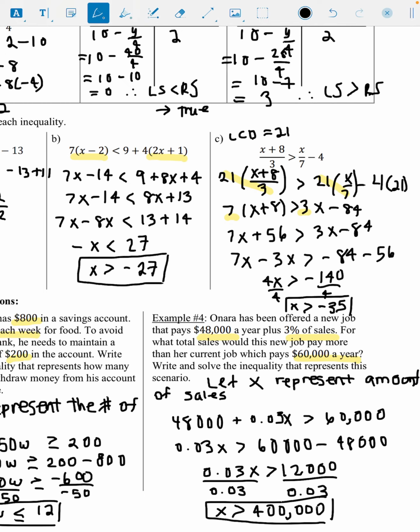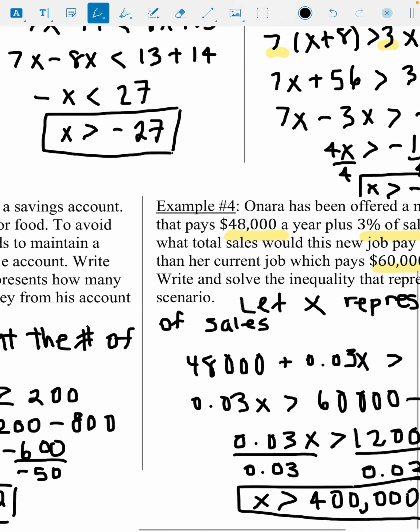So that means that Onara would have to sell more than 400,000 in sales. So I'm going to write that on the side.